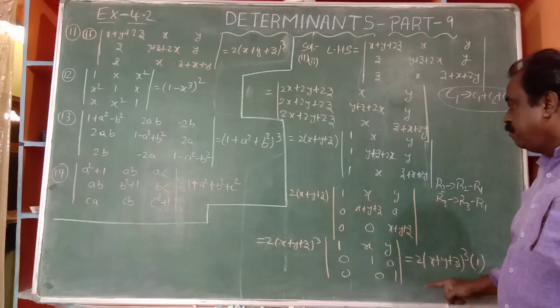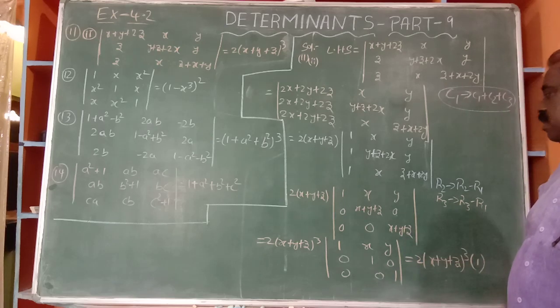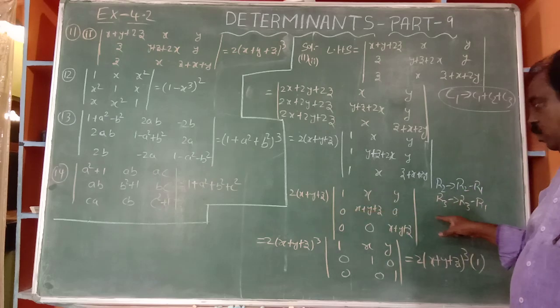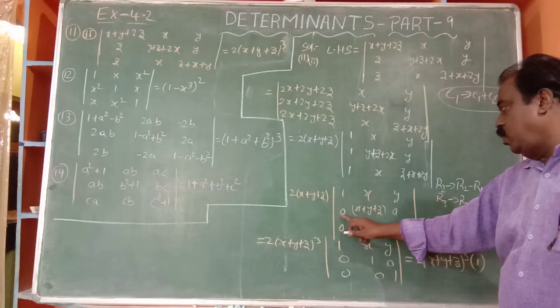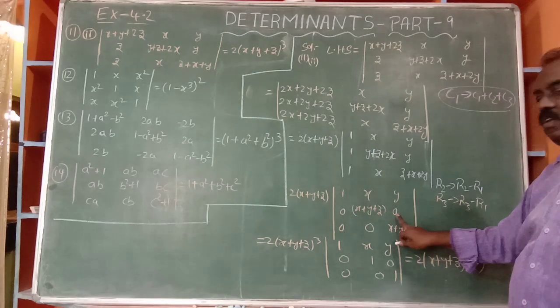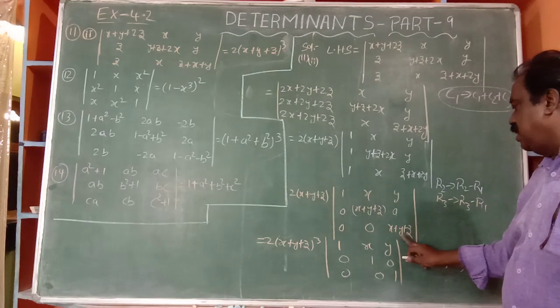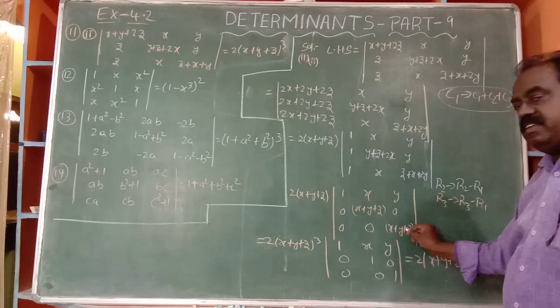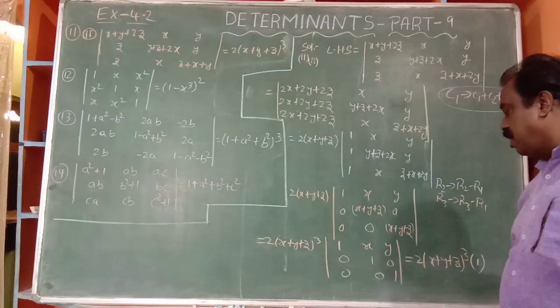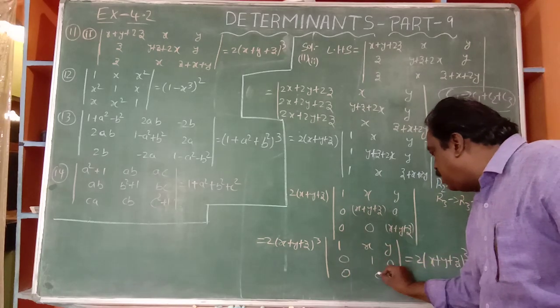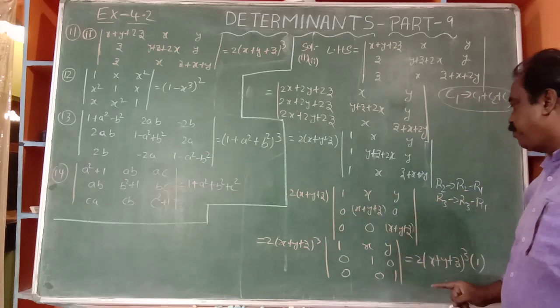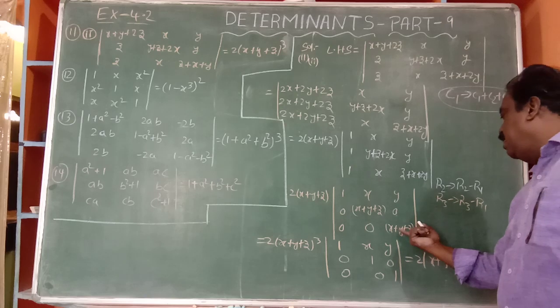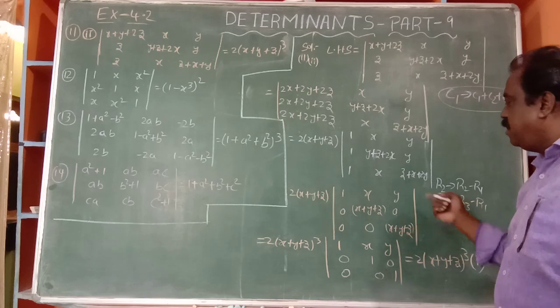Okay? Again you see in the row 2, x plus y plus z, because in the 0, x plus y plus z is common, here also common. In the third row also x plus y plus z is common in the first 2 elements. So there remain, you see, x plus y plus z is taken as common.